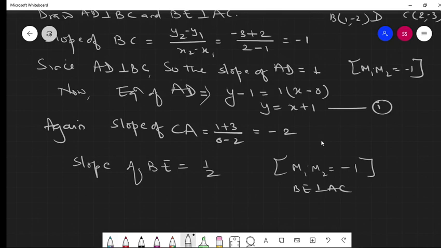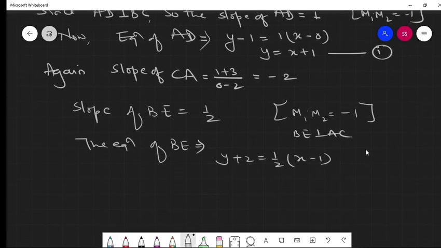So the equation of BE is y plus 2 equals 1 by 2 times x minus 1, that is y minus y1 equals m times x minus x1.